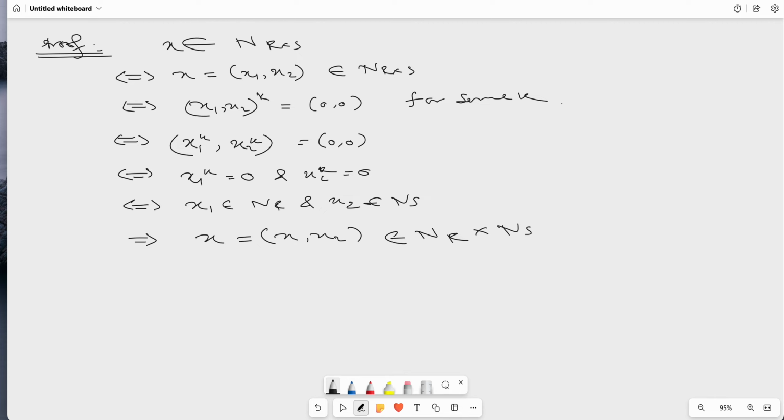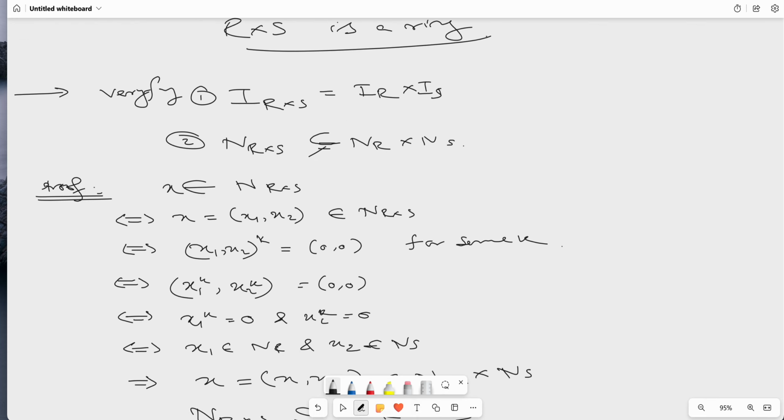And so what I have got is that N(R × S) is contained in N(R) × N(S). Maybe the reverse is also correct: N(R) × N(S) is contained in N(R × S). This is also correct, I guess. Let me prove it.